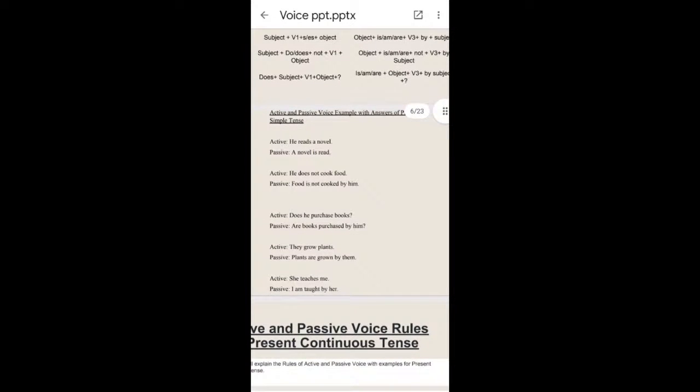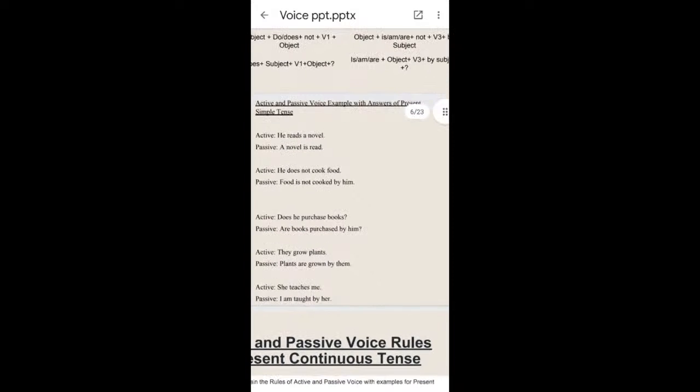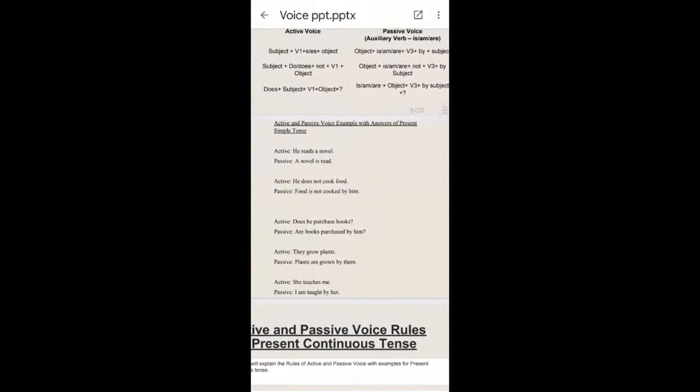Now, what about the questions? Simple present time question sentences. Does he purchase books? Then you have to bring the books at the beginning. But before that, since you are making it a question, that too for simple present tense, you have to write are, because books are plural, right?